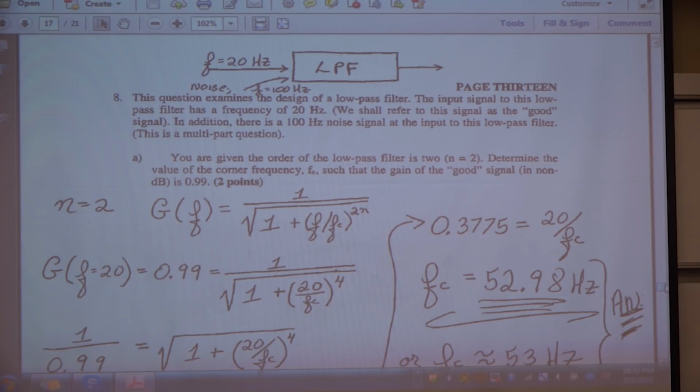So we start out and say, okay, someone tells you the order of the filter is 2. Determine the value of the corner frequency such that the gain of the good signal is 0.99. Now, what's the good signal? The 20 hertz signal. So you want the gain of the good signal to be 0.99.